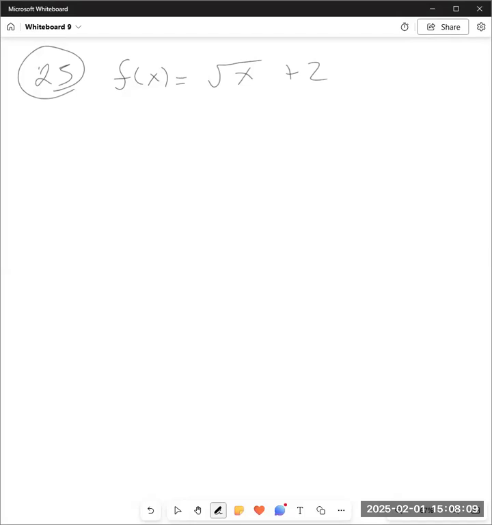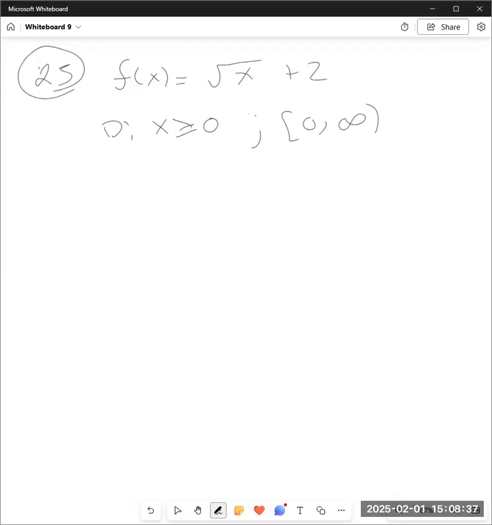So different textbooks will argue about that and say that it's only continuous from one side because there's no behavior from the other side. Don't worry about that. In this textbook, you say that this is the type of function that's continuous on its entire domain. So the domain of this function is that x needs to be greater than or equal to 0, which can be written as 0 to infinity here.